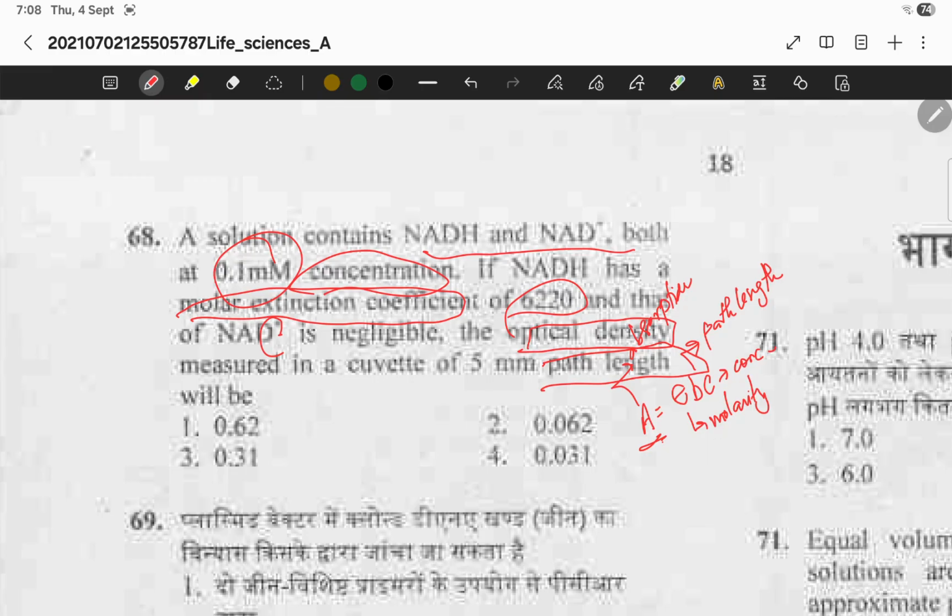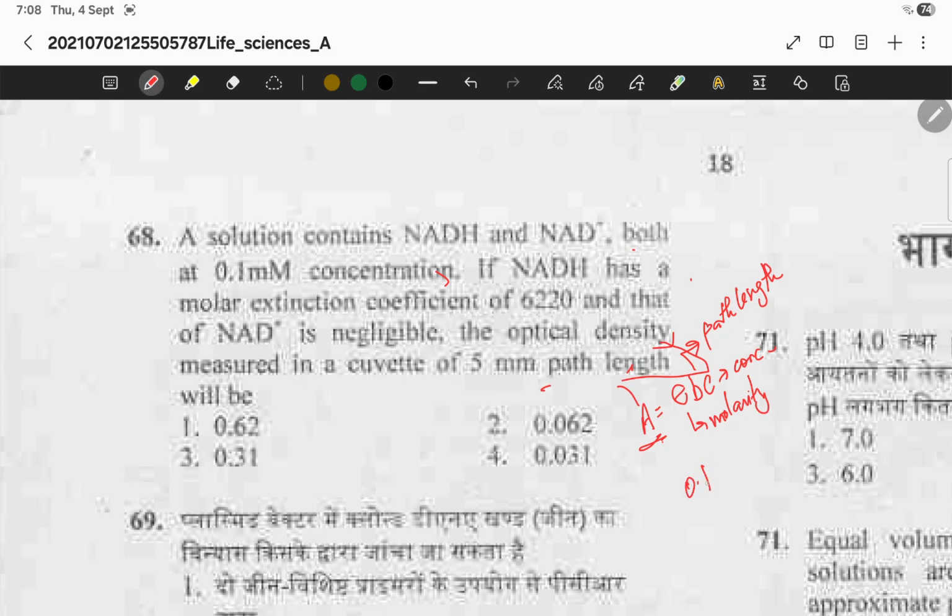Once again, we'll read the question. A solution contains NADH and NAD+, both at 0.1 mM concentration. NADH has a molar extinction coefficient of 6220 and that of NAD+ is negligible. Path length is 5 mm.